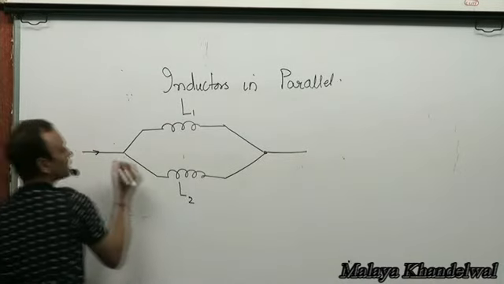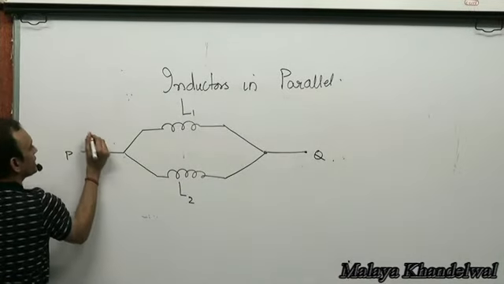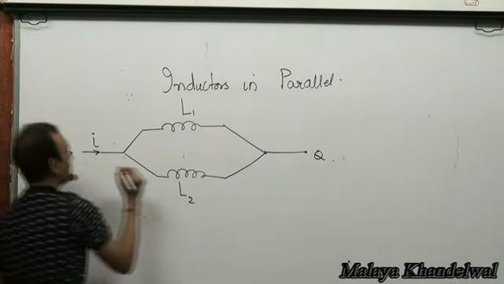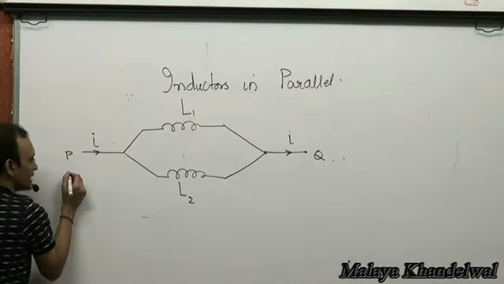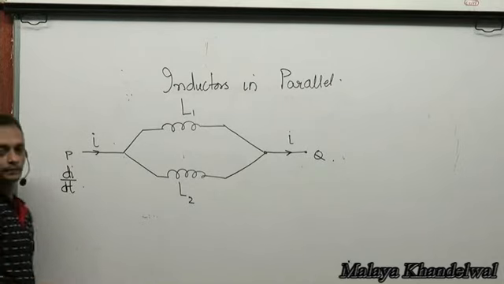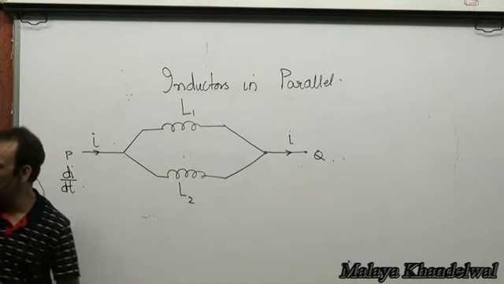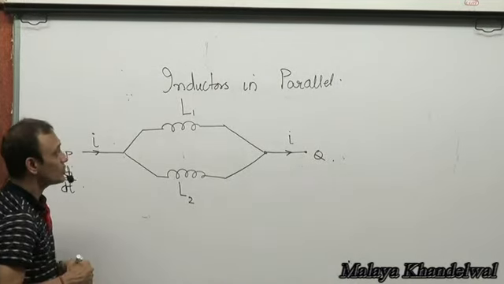Between P and Q this arrangement is connected such that there is a current I coming at P and leaving at Q, and this I changes with time as di/dt.